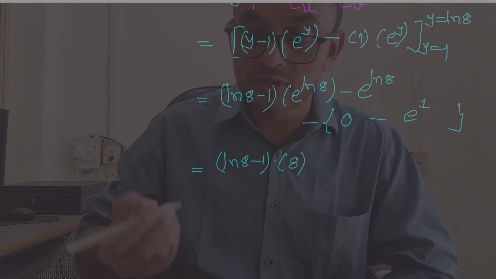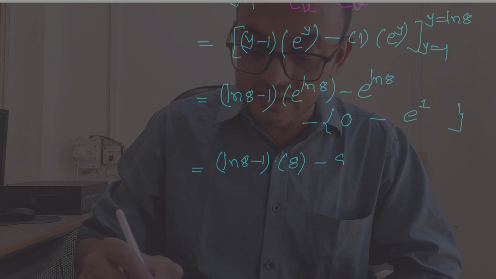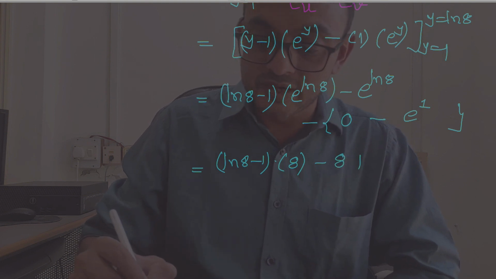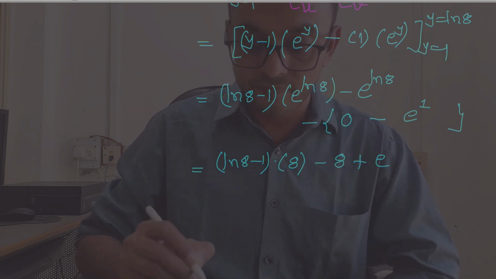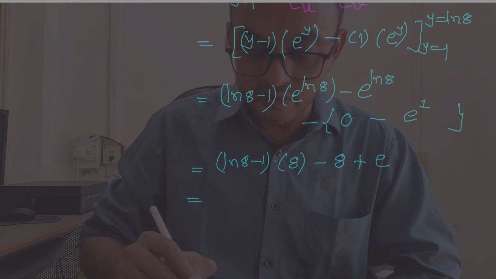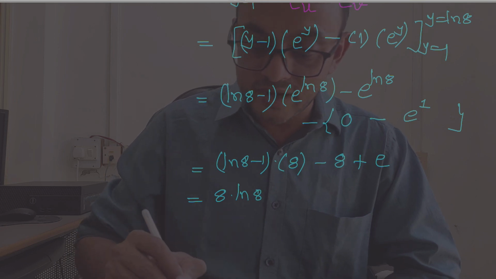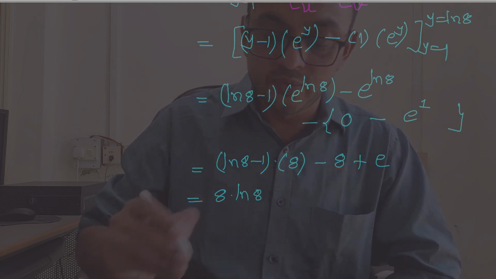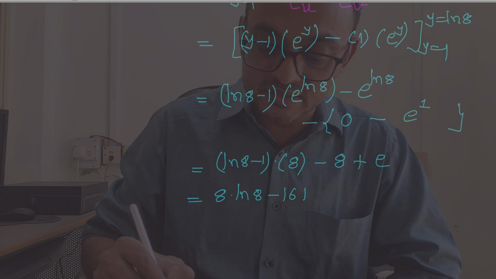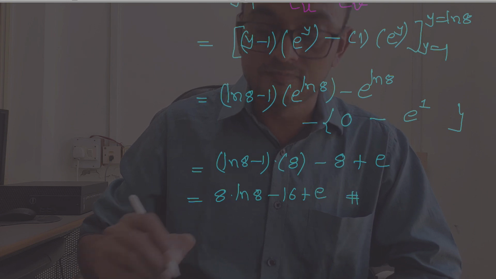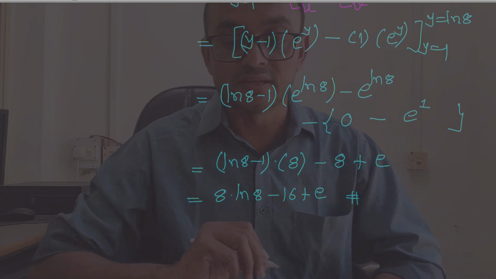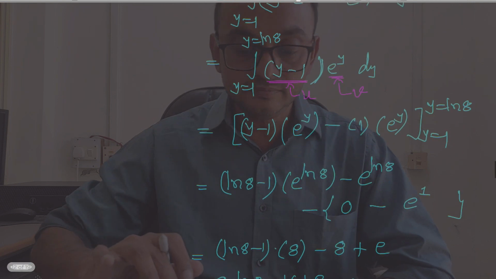That you know, that is 8. Minus 8. This is minus plus e raised to 1, which is e. So this is equal to 8 ln 8 minus 8, which is minus 16 plus e. This is the answer. Right.